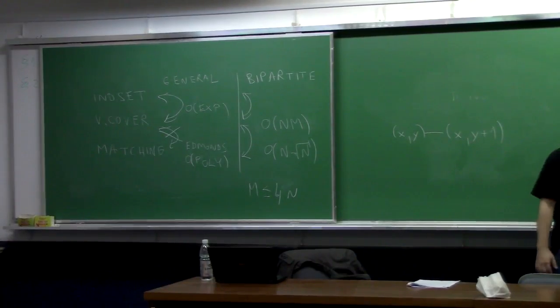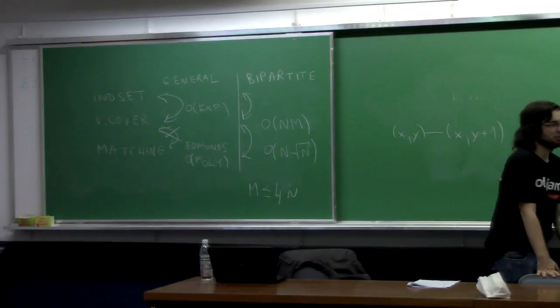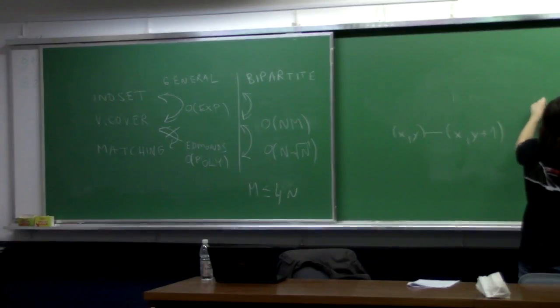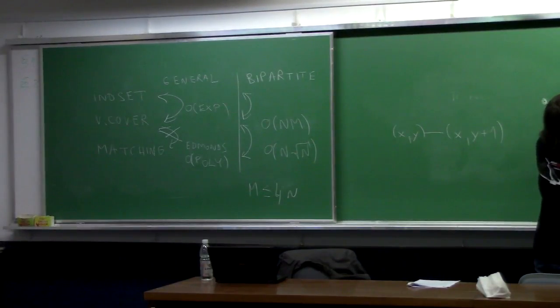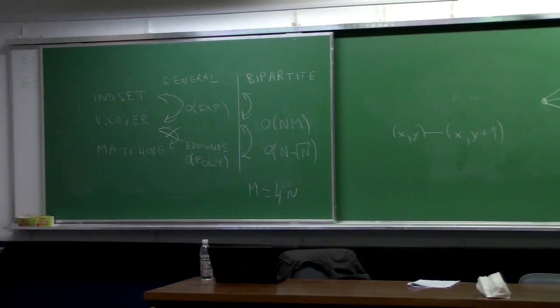What we do for finding the maximum matching using Ford-Fulkerson is that, Ford-Fulkerson being a flow algorithm, we add a source and a sink, connect all the vertices from one partition to the source, connect all the vertices from the other partition to the sink, and all edges here have capacity 1.